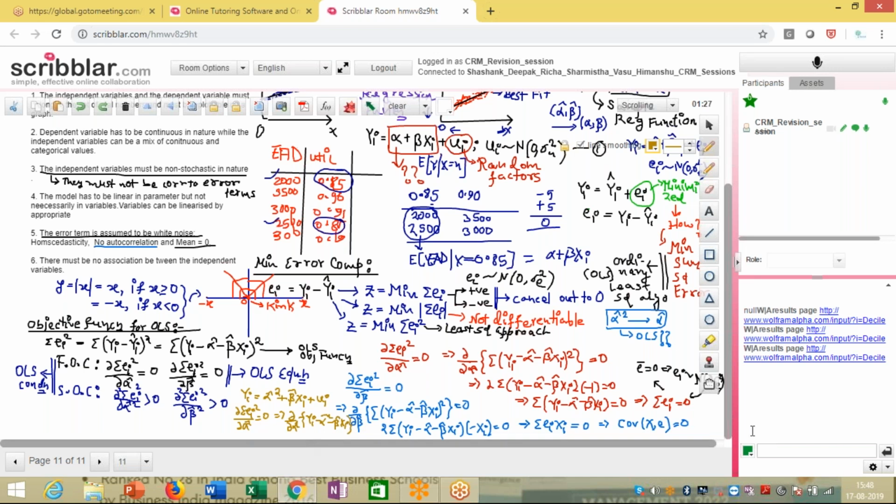If you look into the equation, nothing much changes. It's just this alpha hat square.